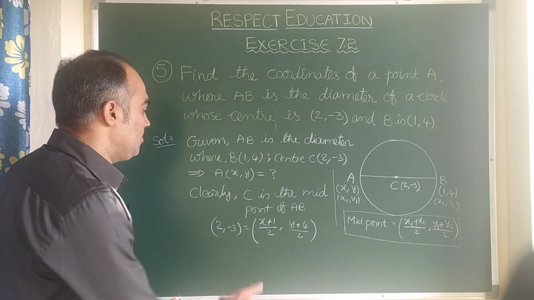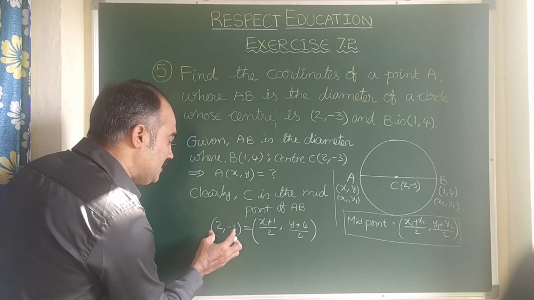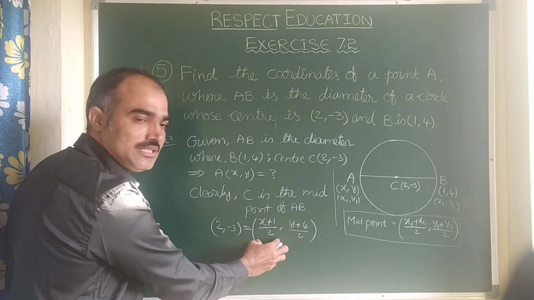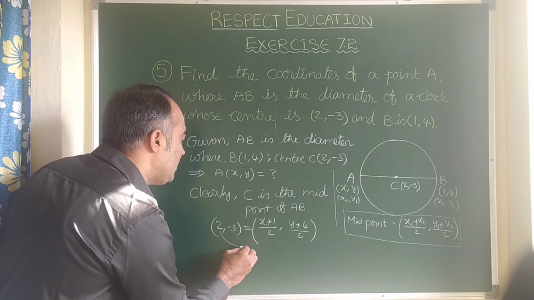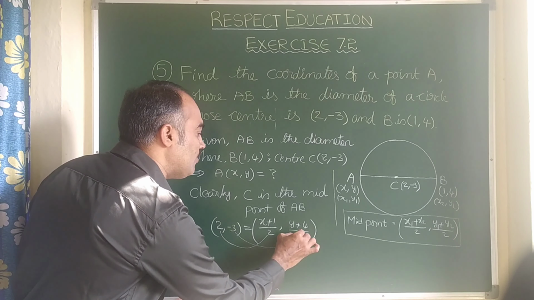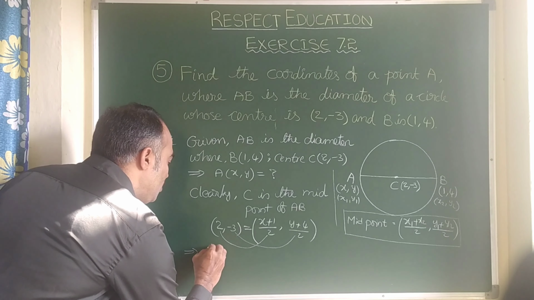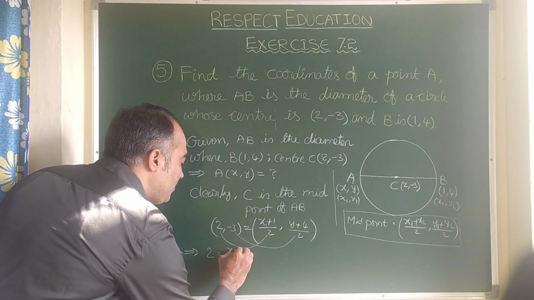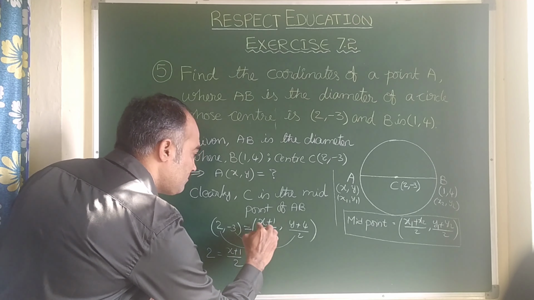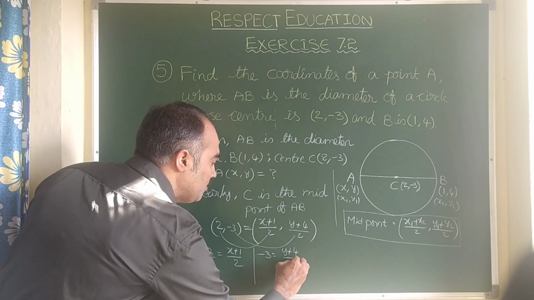Now, to find x and y, here you see we have equal to, that means in the x coordinate, or abscissa, equal to the x coordinate. So let us make 2 equal to (x plus 1) by 2, also -3 equal to (y plus 4) by 2.